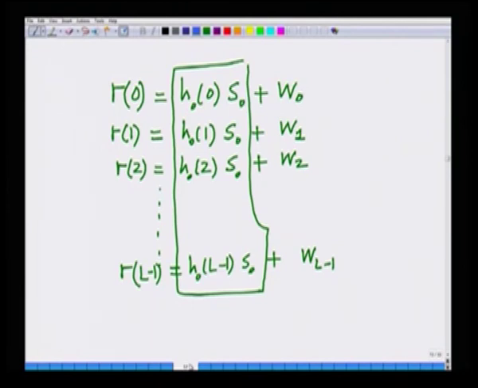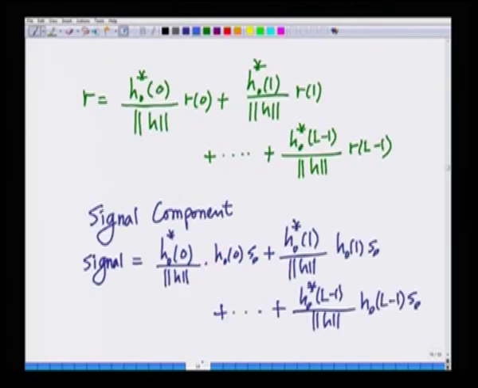R L minus 1 corresponds to the lth arriving path, and this is similar to the maximal ratio combining scenario, similar to what we have also seen in the rake. So, I can combine all these components using weights, that is H naught conjugate 0 divided by norm H times R0 plus H naught conjugate L minus 1 divided by norm H times R L minus 1, and that is my net maximal ratio or rake combined statistic.